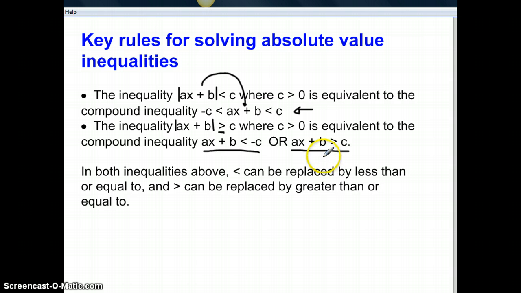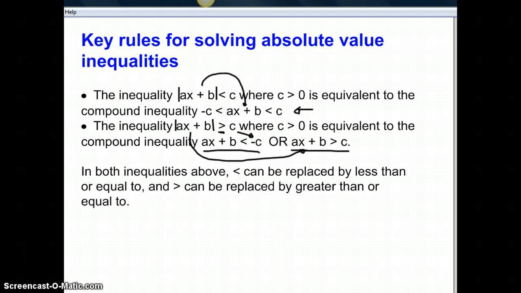So you write one of the inequalities just like the original, but you remove the absolute value sign, and you write another one that takes the original, changes the sign, and then changes the value of the c by putting a negative in front of it. Can you see that? You really have to learn these forms or you're going to be very confused.